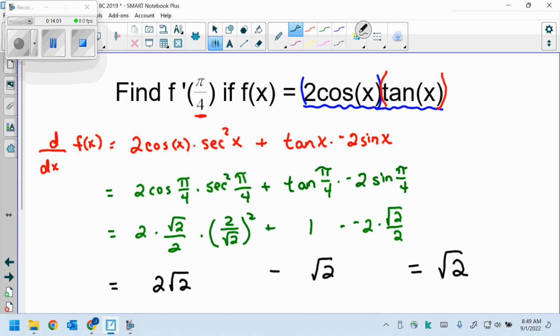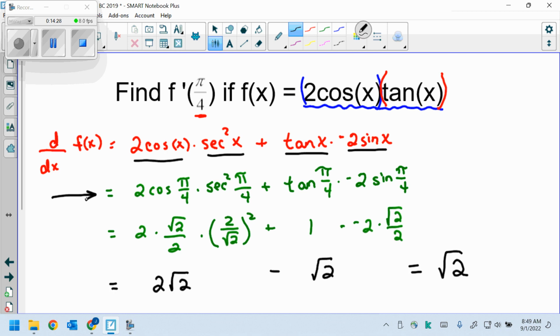All right. First times derivative of the second, plus second times derivative of the first. I'm not going to simplify that. I'm not going to make a lot of mistakes simplifying. I'm putting in my pi over 4 and taking my chances. And no calculator problem. I better know my unit circle.